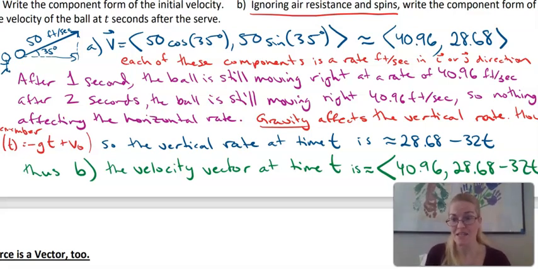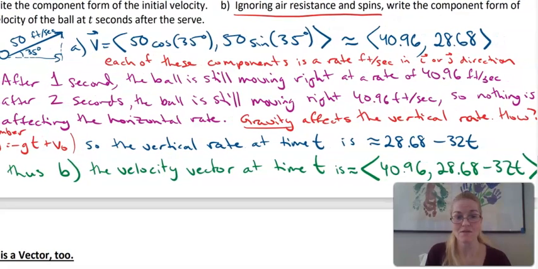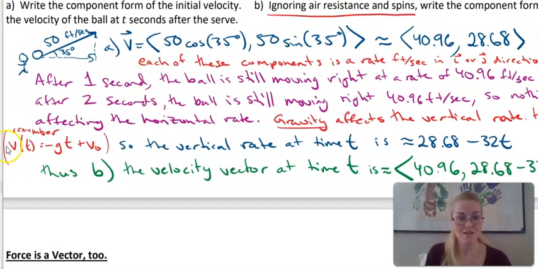However, gravity is affecting the vertical rate. How? Well, remember, our velocity of something in free fall, moving up and down, right? v of t is negative g times t plus the initial velocity.